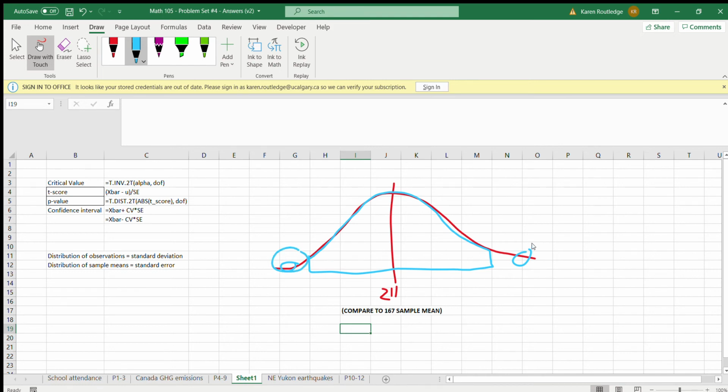There's one over there, and there's one over there. If all of this is 90%, then this plus this has to be 10%. And since it's a two-tailed test, because all we're interested in is not being 211, it could be less than or greater than, we will take that leftover 10% and assign 5% over there, and 5% over there.